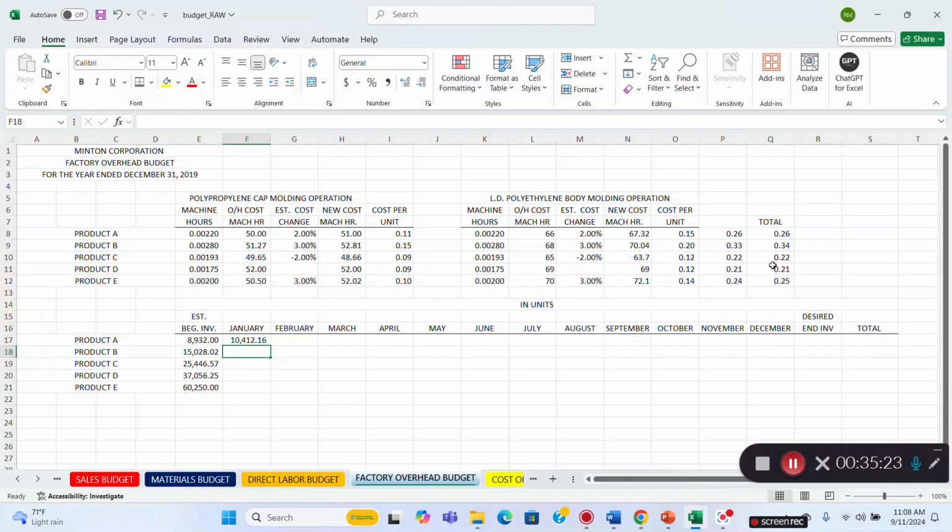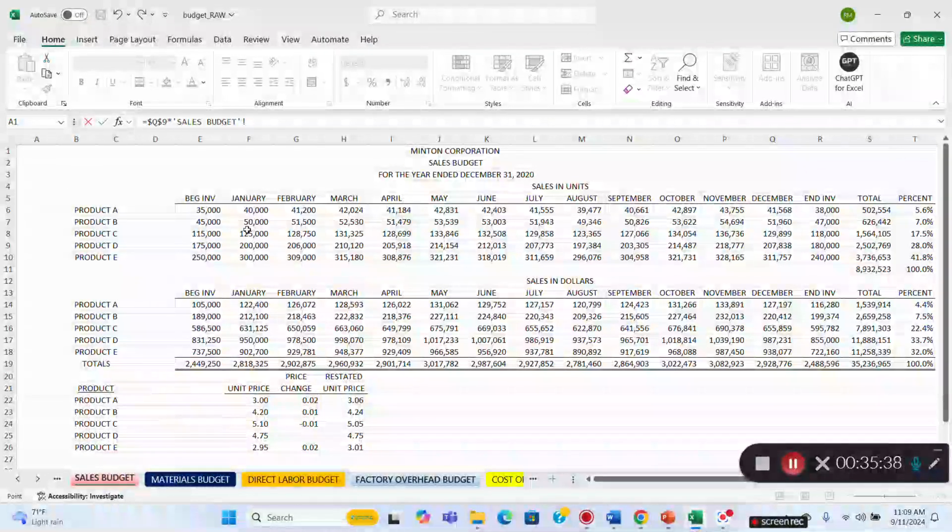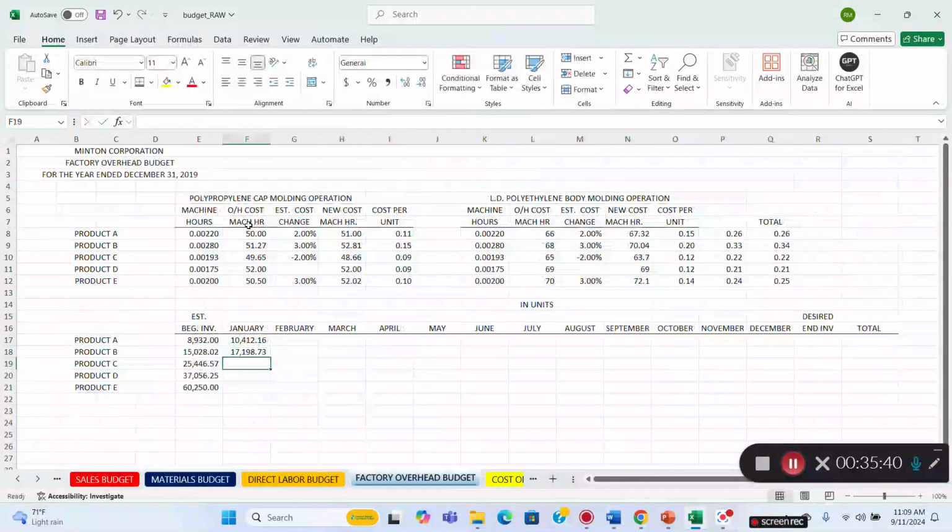Once you have established the absolute reference of it, you only have to do it once to get there, but you have to do it. Otherwise, your number won't be right. And go back and get the 50,000 and then equal.